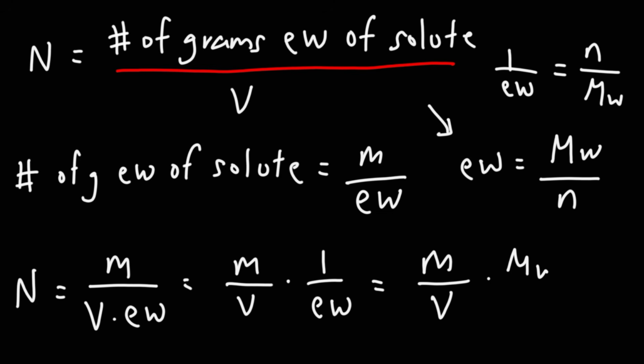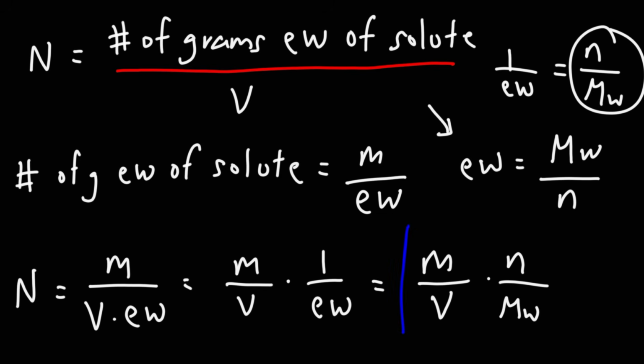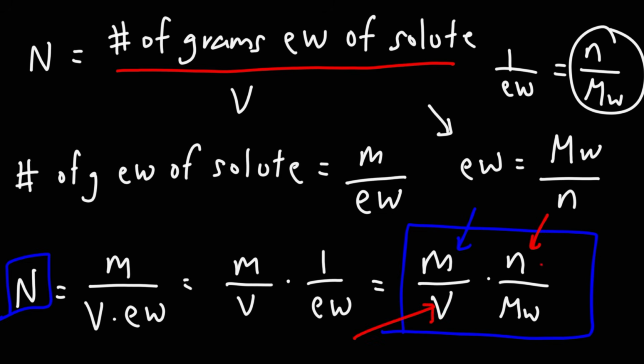Actually, no. I need to use this here. Times N over the molar mass. So that's how you can derive this formula for normality. So it's equal to the mass of the solute, times N, divided by the volume, which is the liters of the solution, and also divided by the molecular weight or the molar mass.